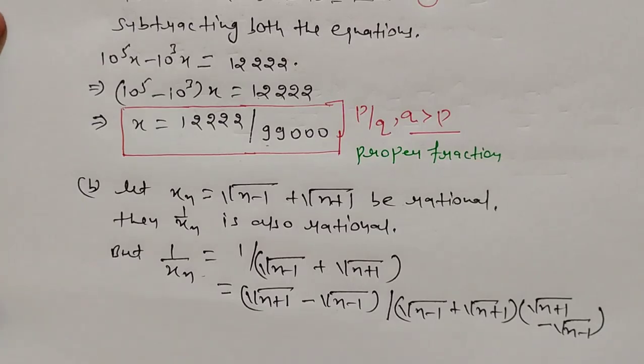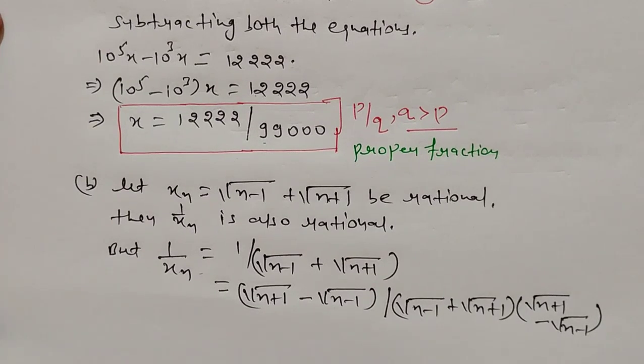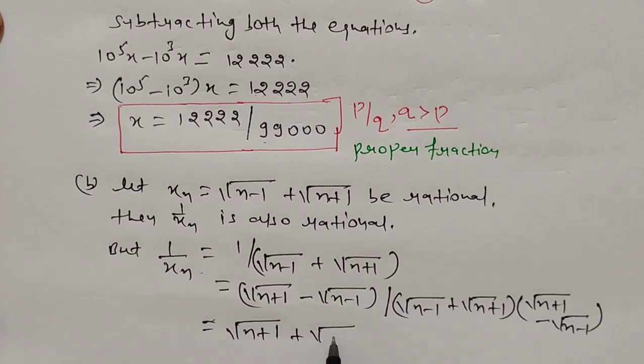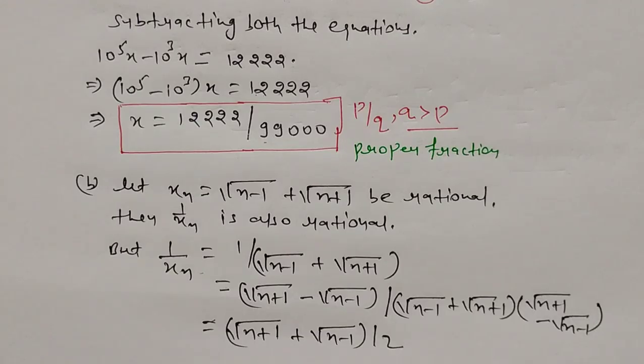Now here what we can do, we can simply write this in the form square root of n plus 1 plus square root of n minus 1 divided by 2.